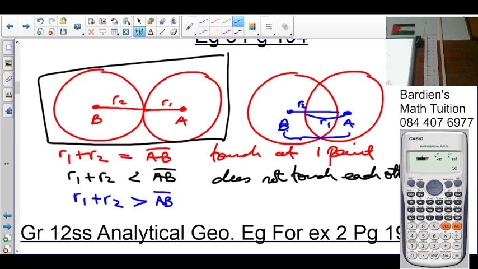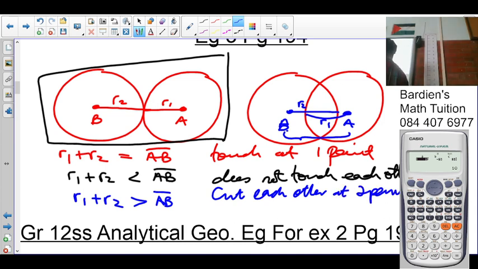So now we can clearly see that the sum of the two radii is larger than the distance between the two centers. If that is the case, what do we say? They cut each other at 2 points. So they intersect each other at 2 points.